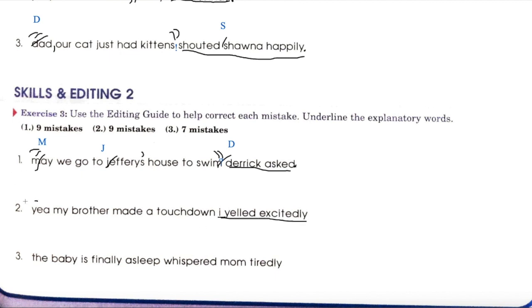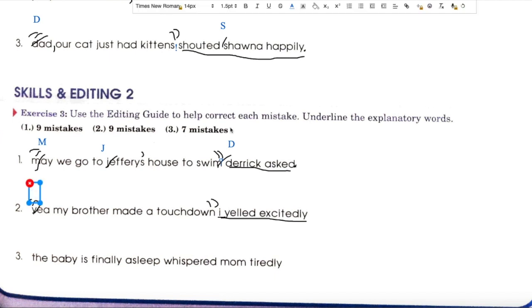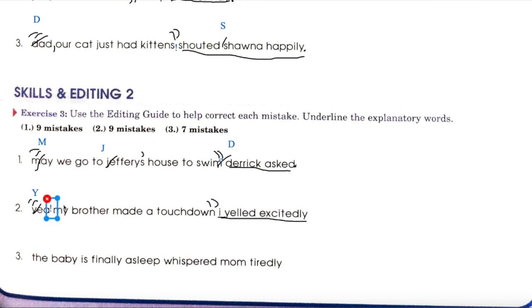Let's put in our quotation marks. Let's capitalize the first word. We have actually an interjection here, so we need to put an exclamation point right there, and then we need to capitalize the word my as well because it'll be the start of another sentence.